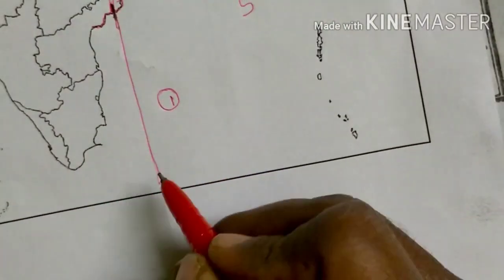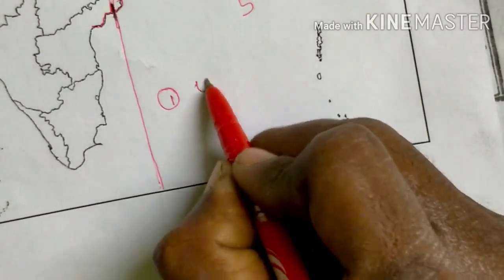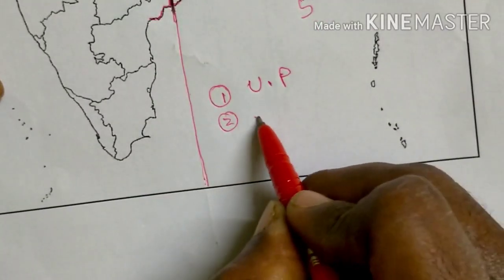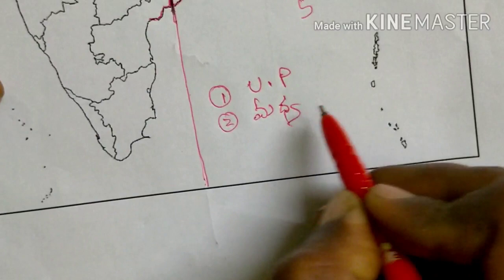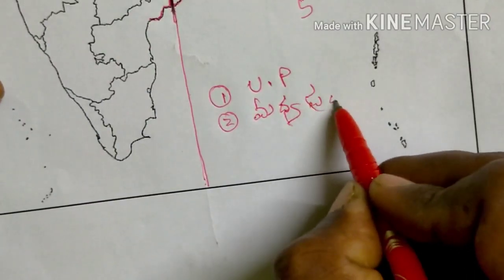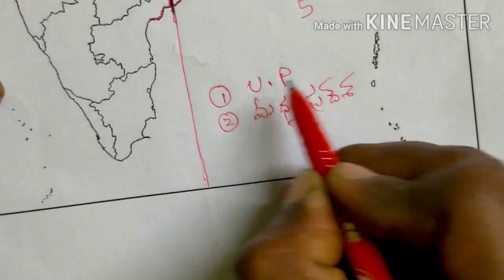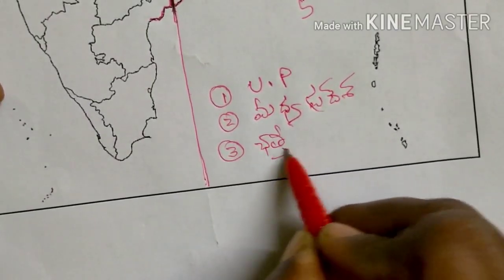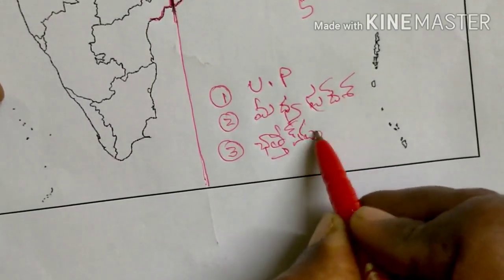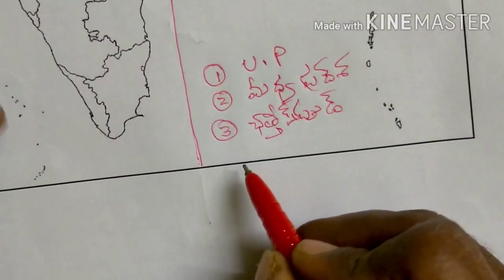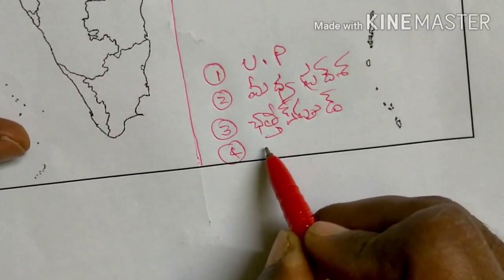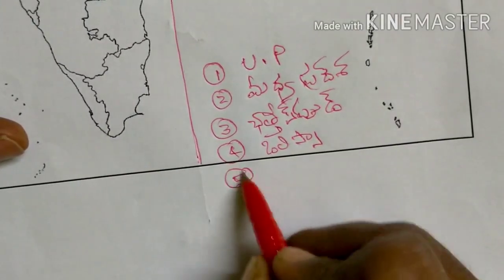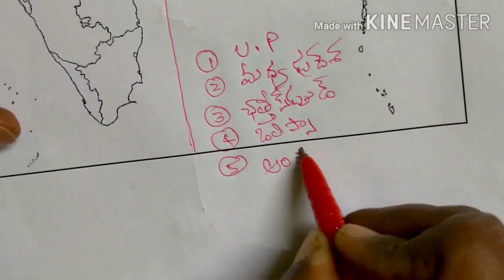First one Uttar Pradesh, second one Madhya Pradesh, third one Chhattisgarh, fourth one Orissa, fifth one Andhra Pradesh.